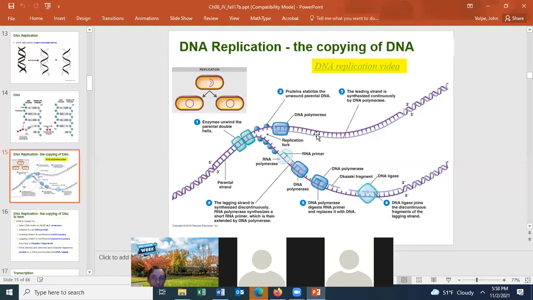You need a DNA polymerase, which reads one template of DNA and puts on the correct nucleotides for the newly replicated strand. And then finally, you need ligase to stitch or put the strand of DNA together. So those three enzymes are the important ones.